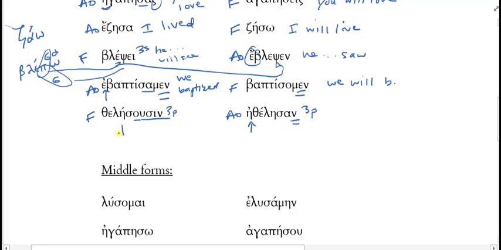Okay, so they, what? Thelesusin? Future, will desire. Aorist, ethelesan? They desired. Simple past. Okay? Does all that make sense? See that? All right, good.